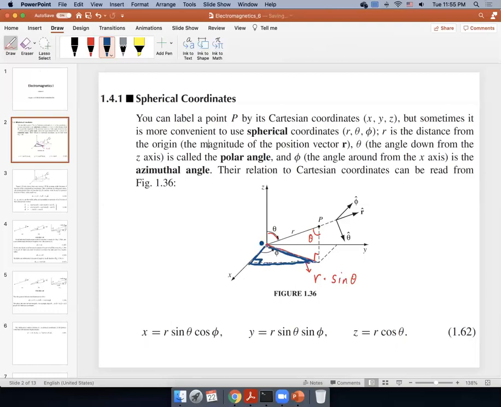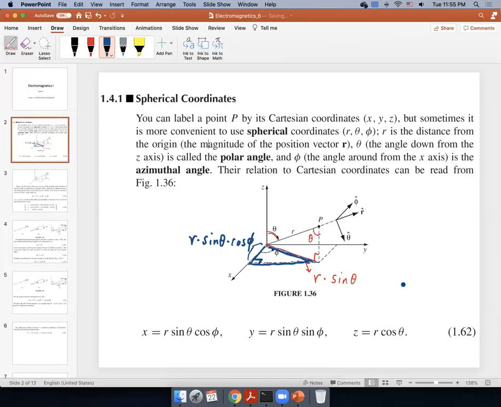This length is the x. It equals the red line times cosine phi, which means r sine theta times cosine phi, which is shown here. x equals r times sine theta times cosine phi.